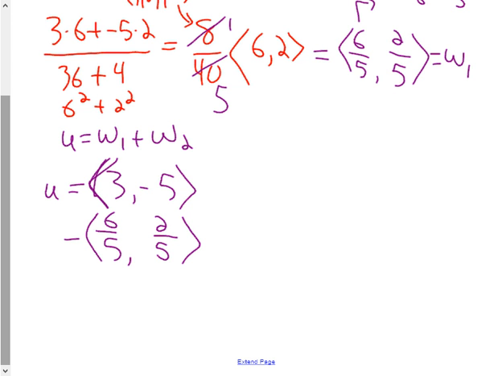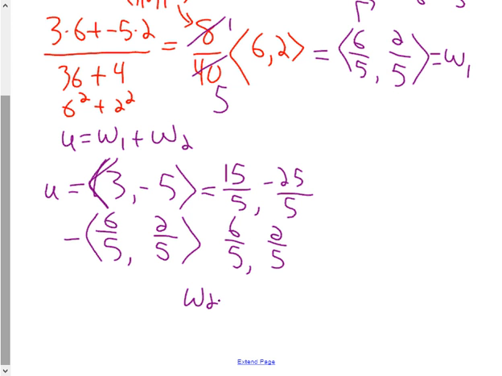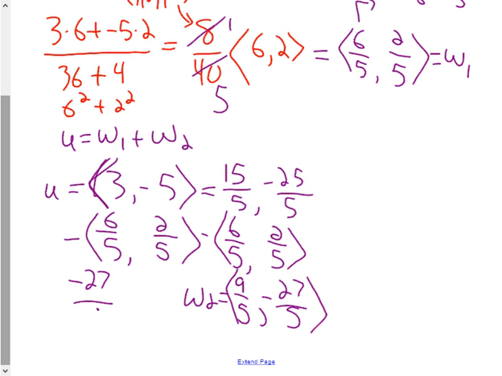Now, I like my fifths, so I'm going to write 3 as 15/5, -5 as -25/5, minus <6/5, 2/5>. And W2 equals 15 minus 6, you get 9/5, and 25 plus 2 more is -27/5. Now if I did y over x components here, -27 over 9 is -3.